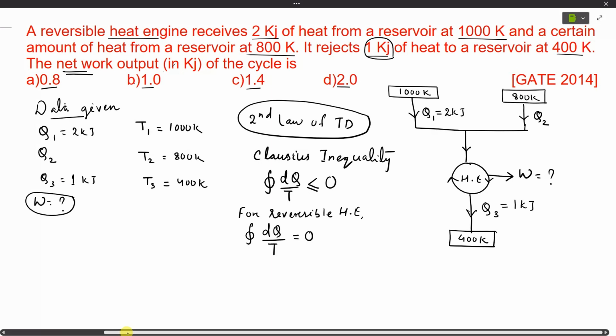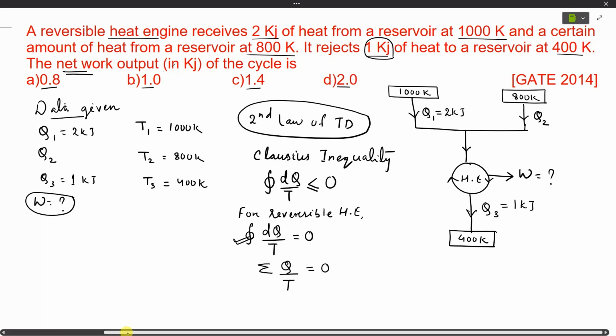The cyclic integral symbol is used to indicate that the integration is to be performed over the entire cycle, and any heat transfer to or from a system, that is the heat engine, can be considered to consist of differential amounts of heat transfer, and the cyclic integral of dQ by T can be viewed as the sum of all the differential amounts of heat transfer divided by temperature at the boundary.